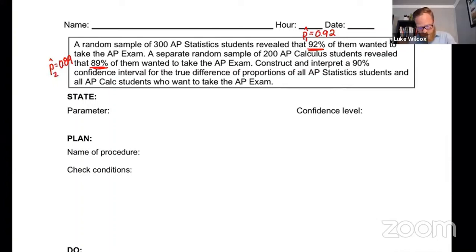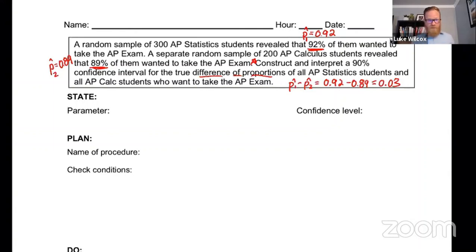The question says, construct and interpret a 90% confidence interval for the true difference of proportions of all AP Stats students and all AP Calc students who want to take the AP exam. So what we're actually interested in here is the difference between the two proportions. If we look at our sample proportions, 92% for AP Stats, 89% for AP Calc, we have a difference of proportions of 0.03 based on these two samples.